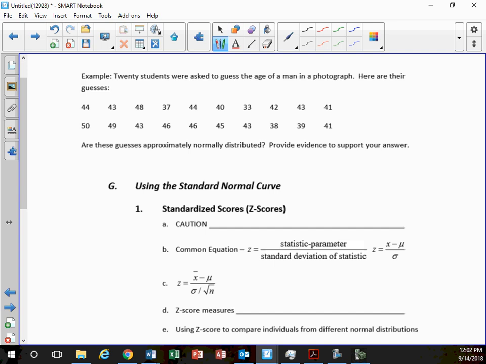So what you would say, answering this question, are they approximately normally distributed? I would say the guesses are approximately normally distributed.